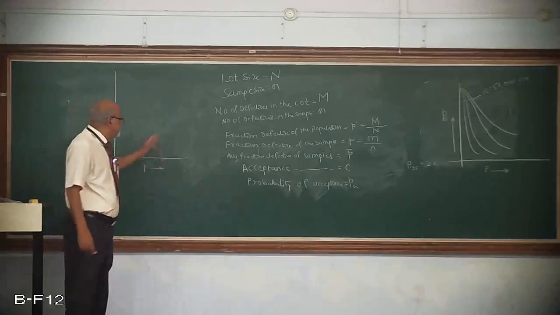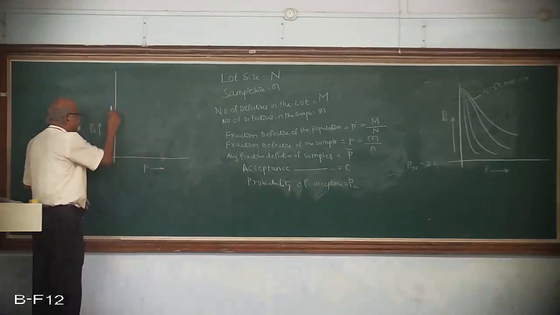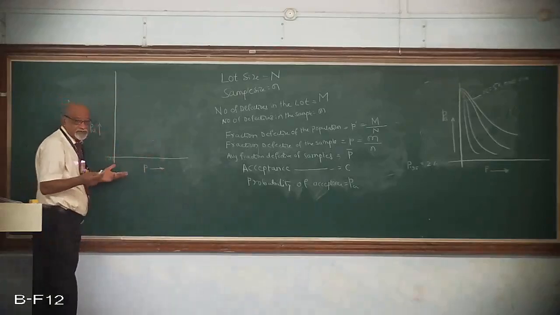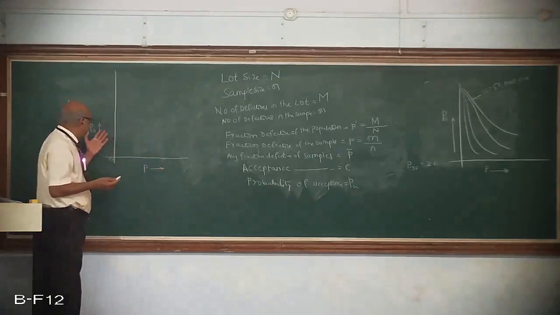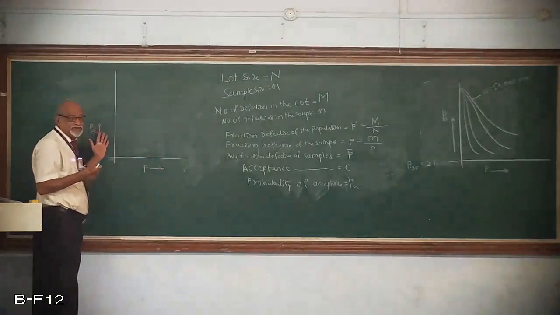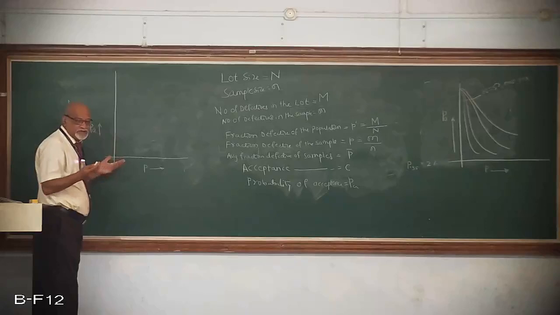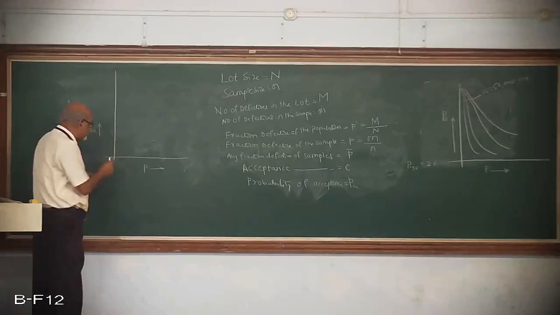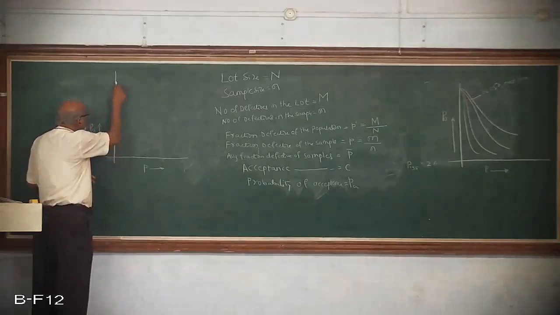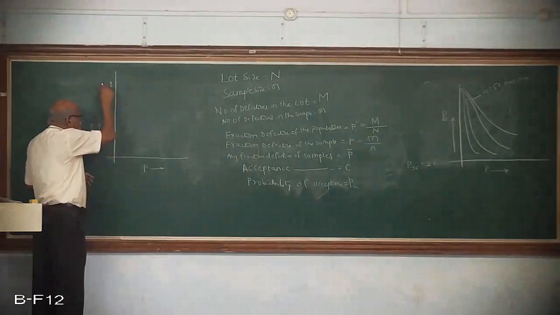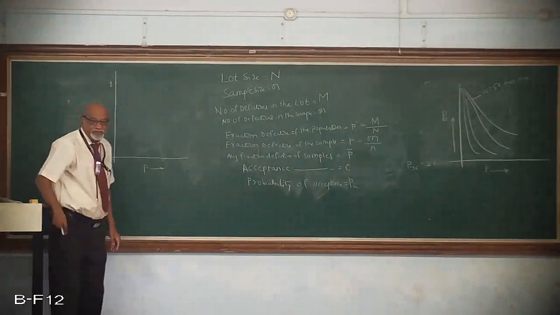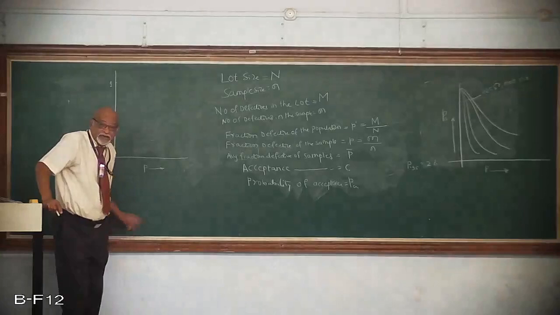That means, if I represent here, maybe in percentage, whatever you can think. Because probability of acceptance can be expressed in percentage or fraction. So it is going to take 0 to 1 or 0 to 100%. And percentage defective, can it take a negative value?